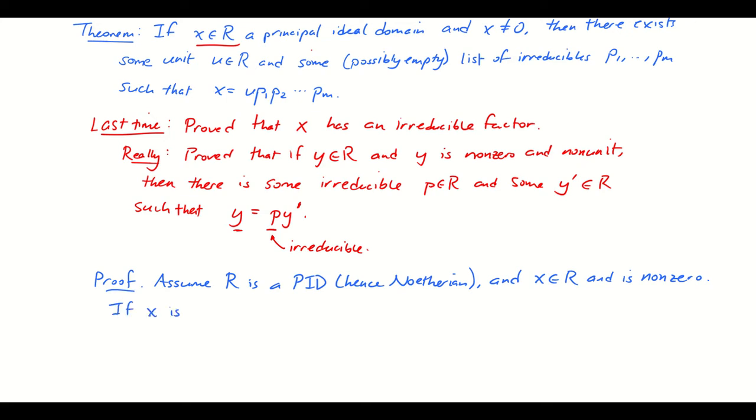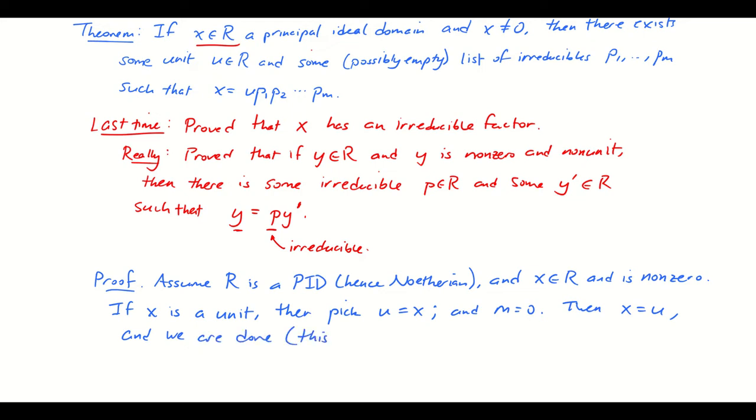If x is a unit, then pick u, the unit in our factorization, to be x, and m equals 0. So then we just have x equals u, and we are done. In this case, the list of irreducibles is empty. Easiest part of this proof.